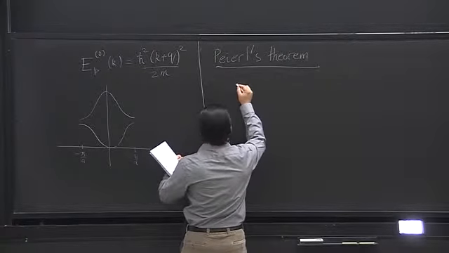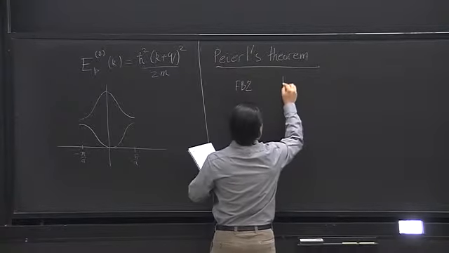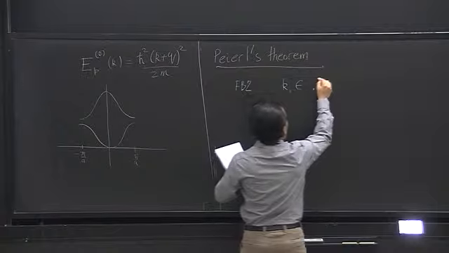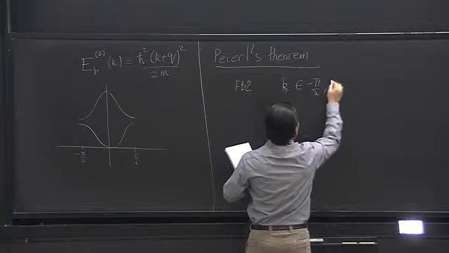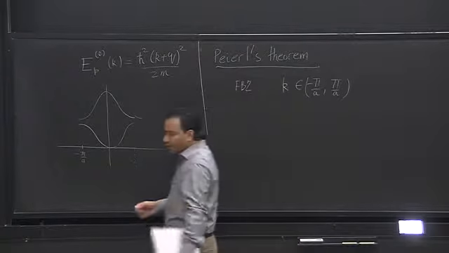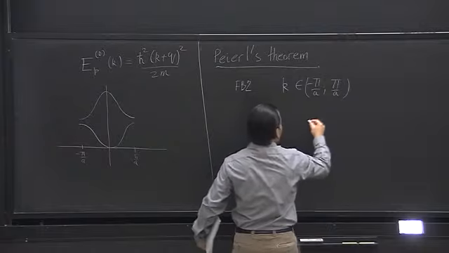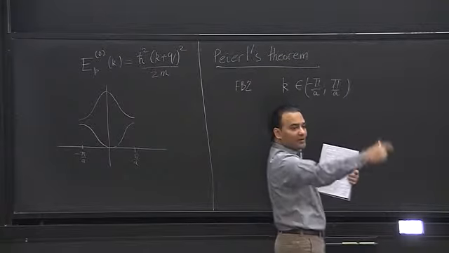So the first Brillouin zone is K belonging to minus pi by a and pi by a. When I write this, this also implies, now we have imposed periodic boundary conditions.